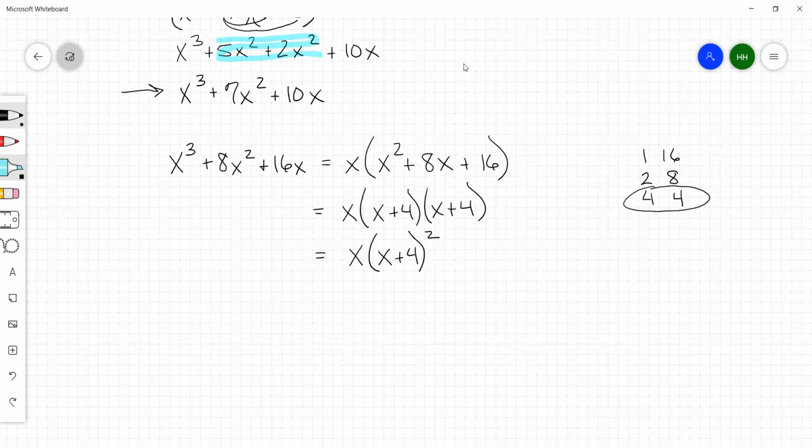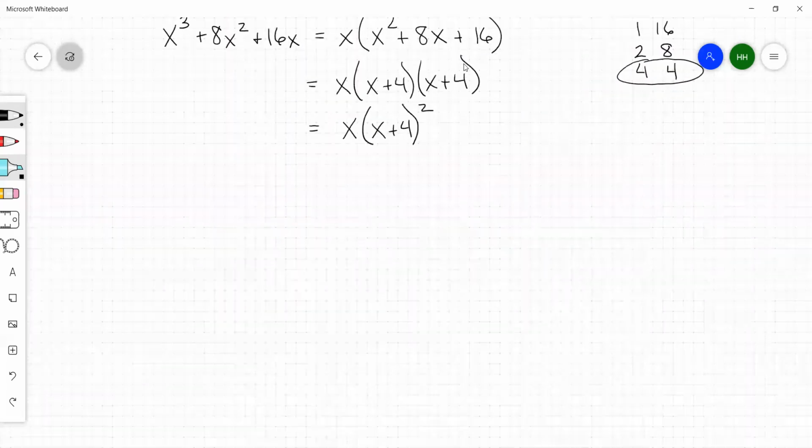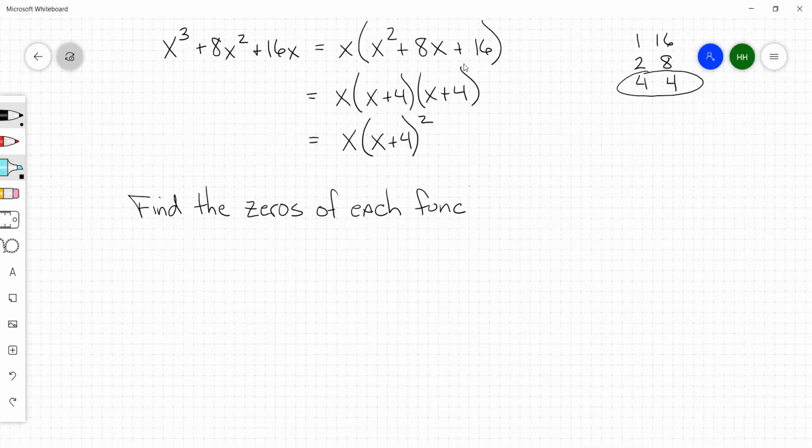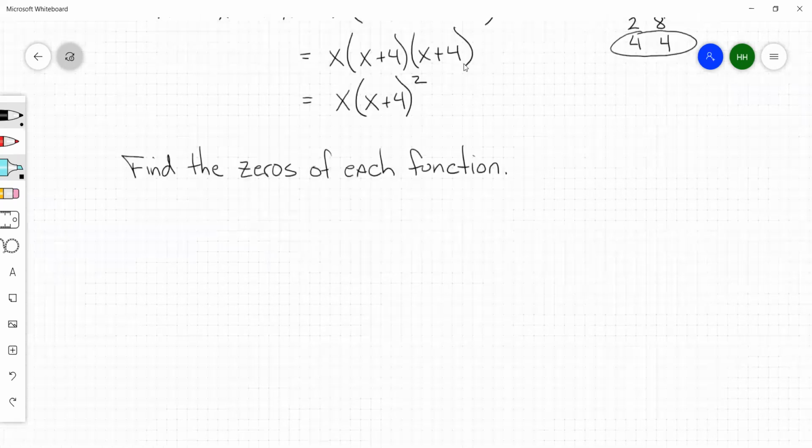All right, second part of your assignment. Find the zeros of each function. We did this earlier when we were working with quadratics.